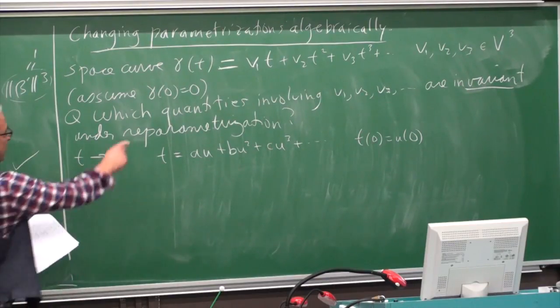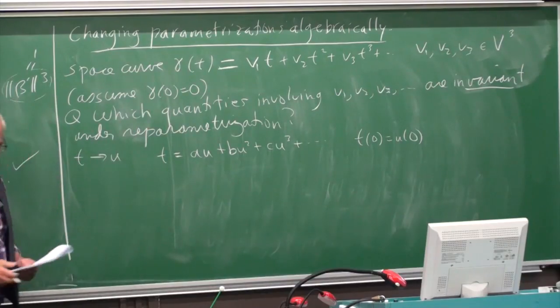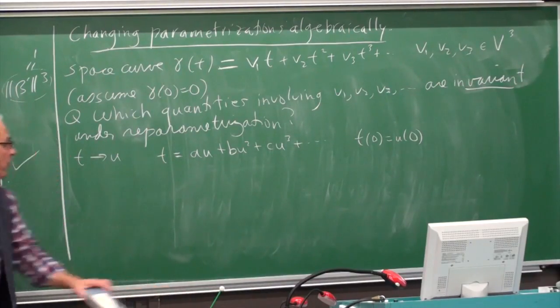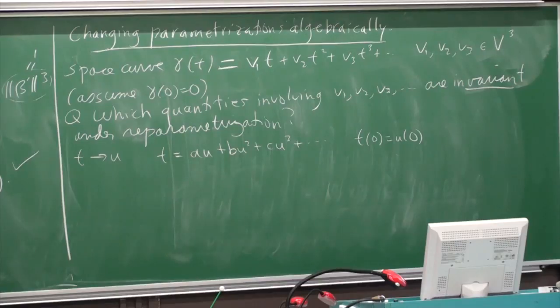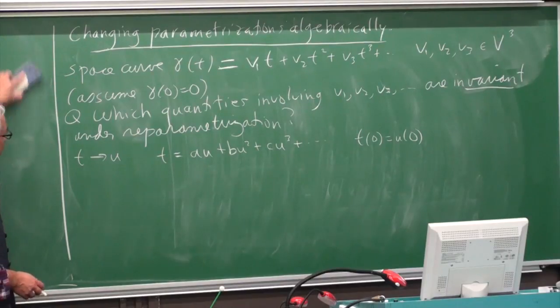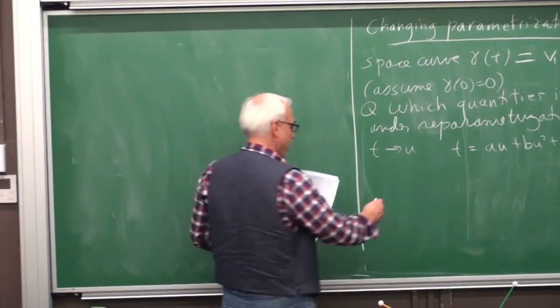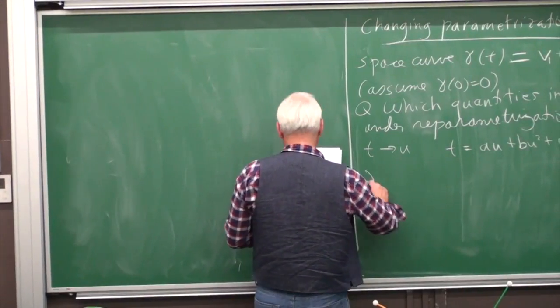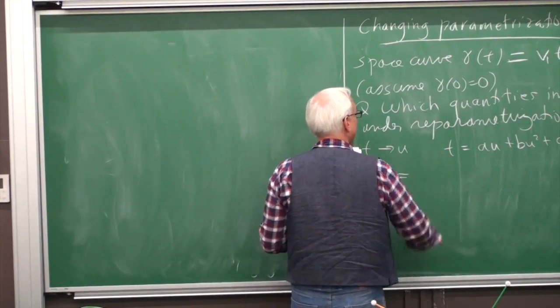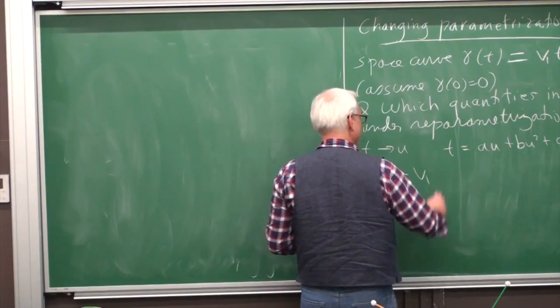All right, let's have a look at now this original curve re-expressed in terms of the u's instead of the t's and see what happens. Well, maybe I can write a first step here. So gamma of u, well, will be v1 times t.